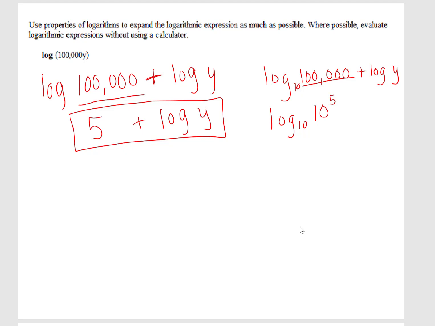Well, 10 to the 5th power is 100,000. So I can say, okay, this is now just 5. And if that's not making sense, you'll want to look at 4.2, part 2, I believe it's in.